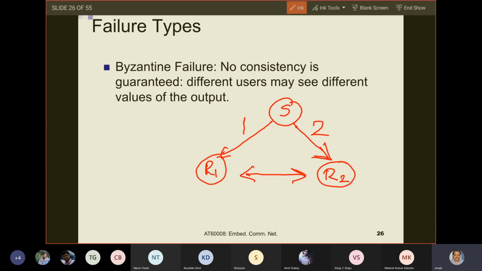Say R2 asks R1, what did you receive from S? R1 says 1. And then R1 also asks, what did you receive from S? R2 says 2. So then R1 and R2 both know that there is some problem. But will they be able to find out that the sensor was erroneous, was faulty? Yes or no? Yes, somebody?